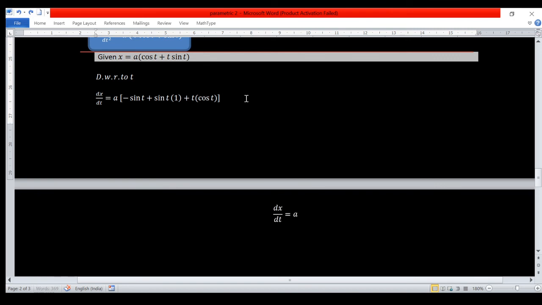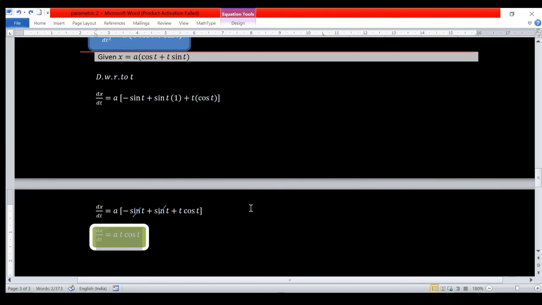So plus sin t minus sin t cancel. So dx/dt is equal to a t cos t.